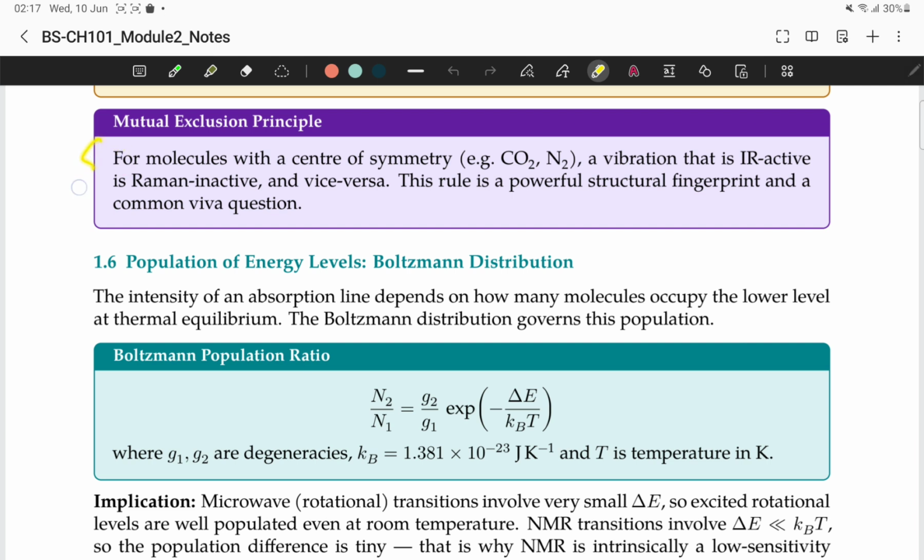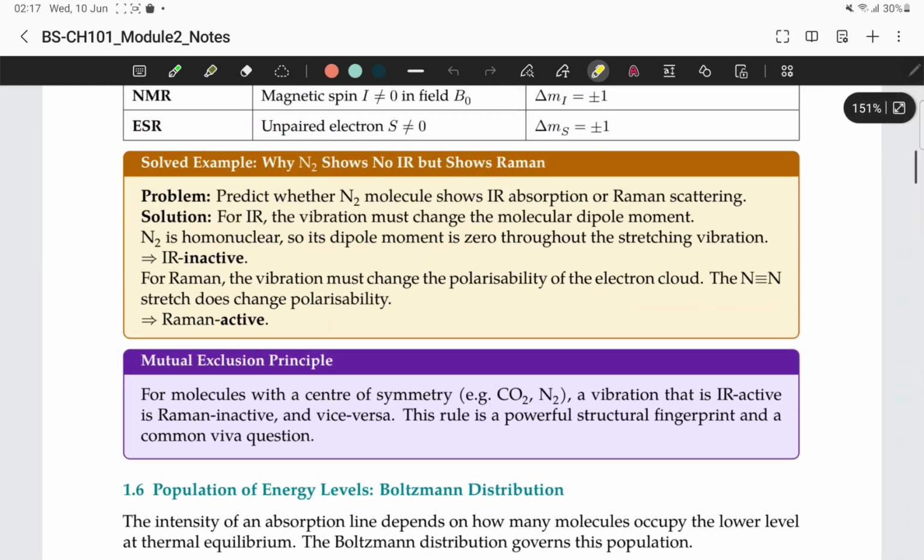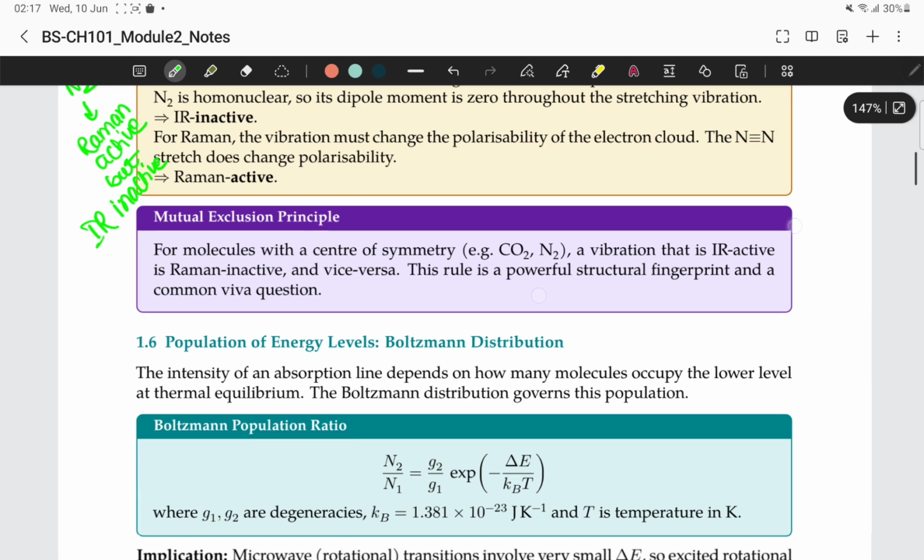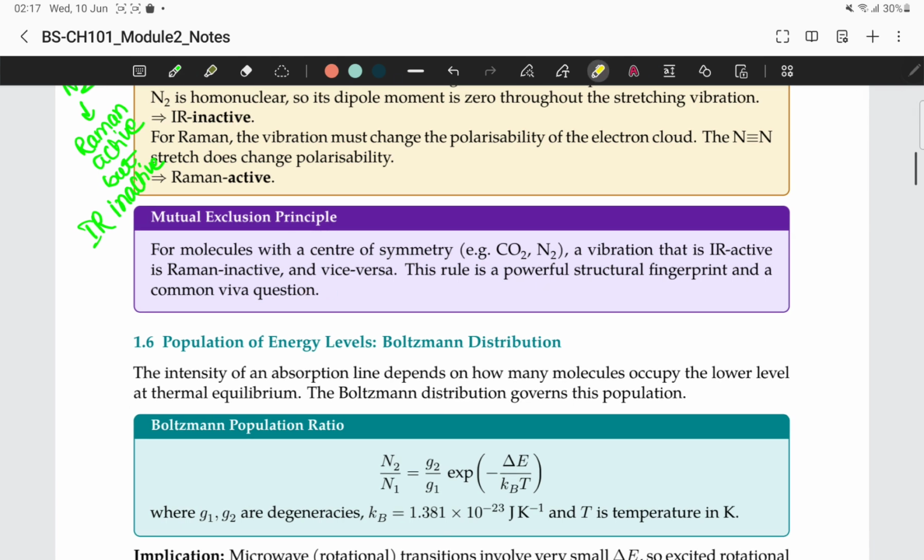Like the previous question shows, N2 is Raman active but IR inactive. So Raman active and IR active work as vice versa. This is a very powerful structural fingerprint and a common question.